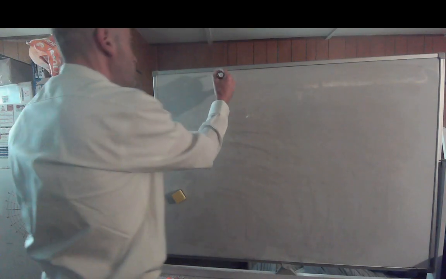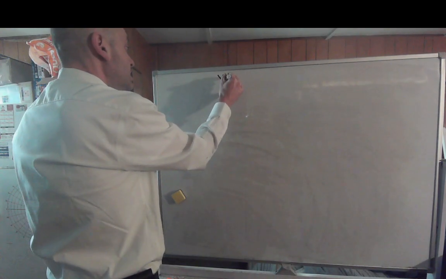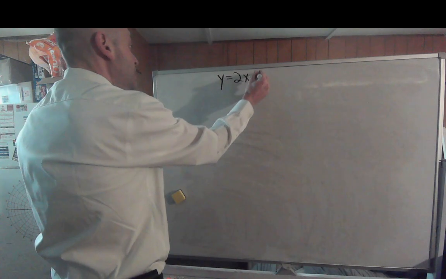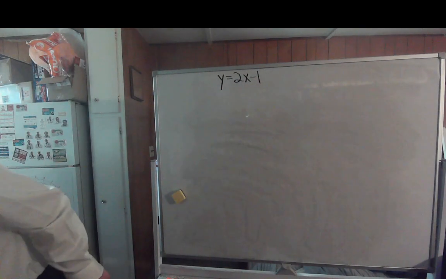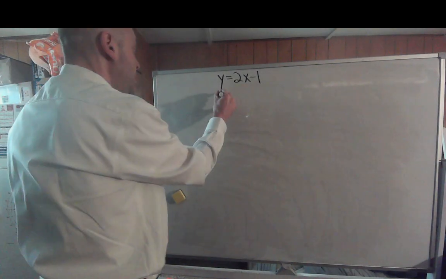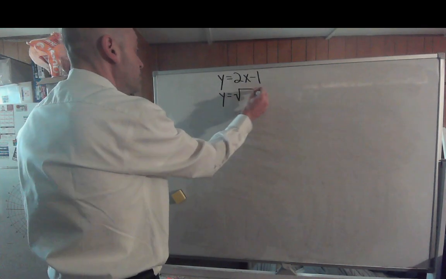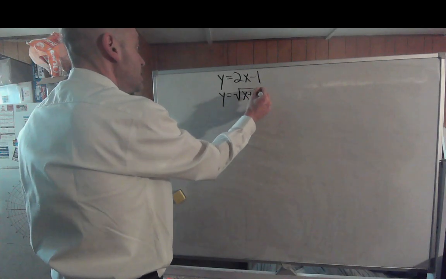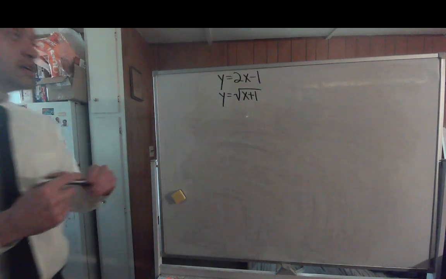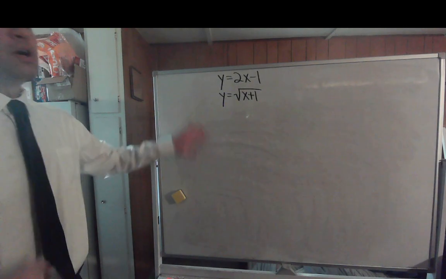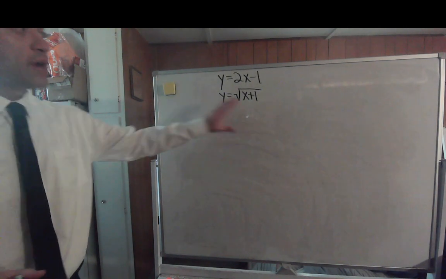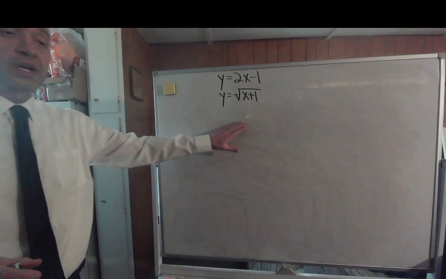All right, so y equals 2x minus 1, and y equals the square root of x plus 1. So a little bit different, but similar. Again, since we have a radical, we have to go by the original equation.